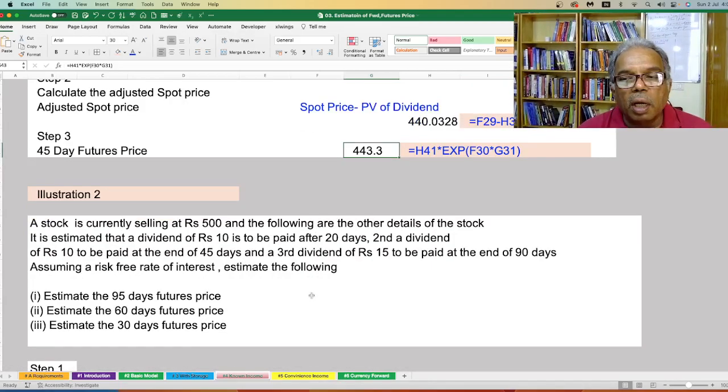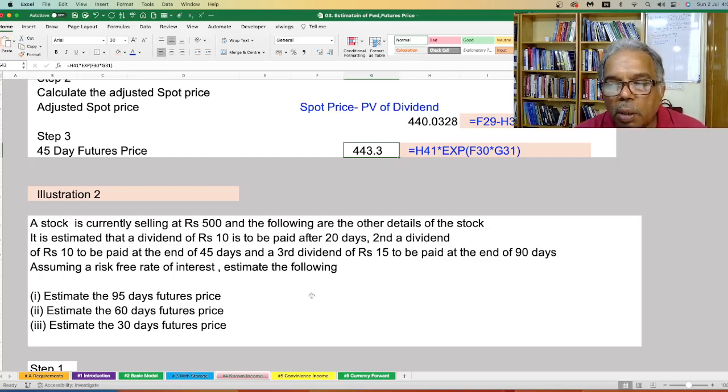Now, the next is we'll take one more illustration. A stock is currently selling at 500 rupees. The following are the details of the stock and the dividends. It is estimated the dividend of rupees 10 is to be paid after 20 days. A second dividend of rupees 10 is expected to be paid at the end of 45 days.